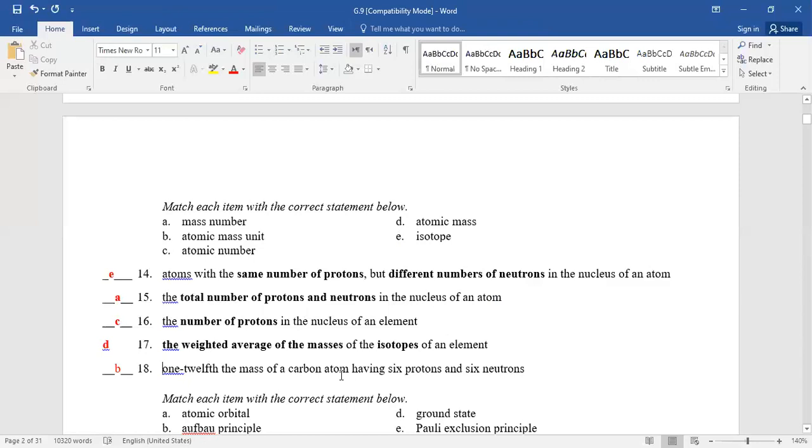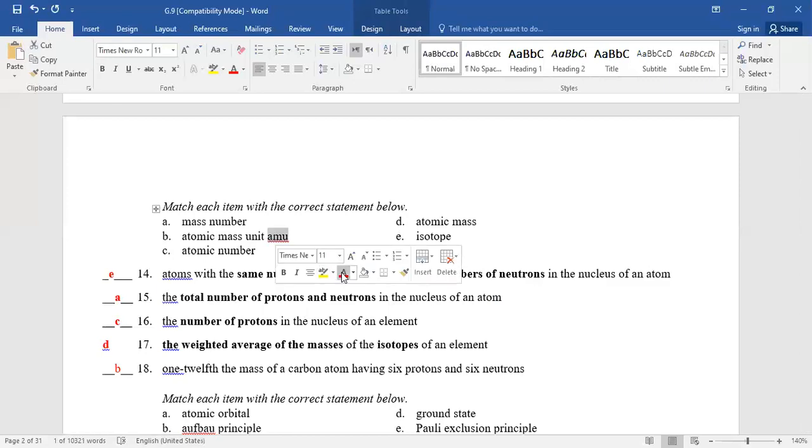That will be the atomic mass unit, AMU. Never forget, sometimes we call it AMU directly.